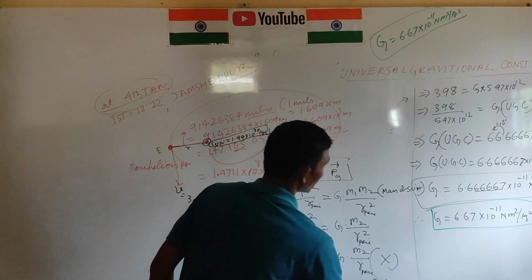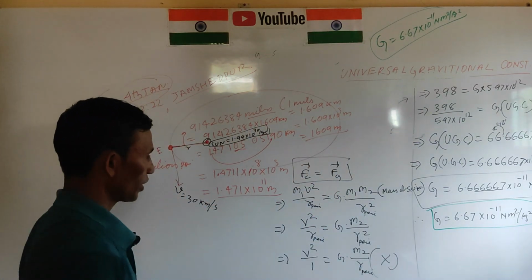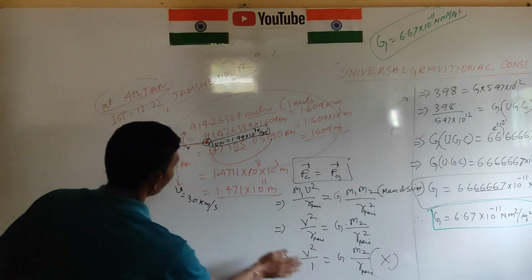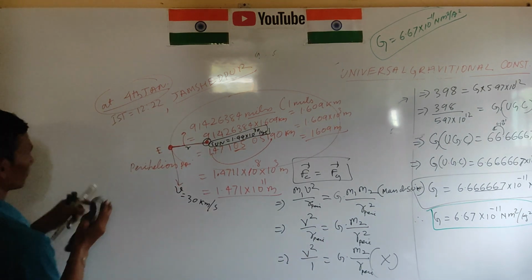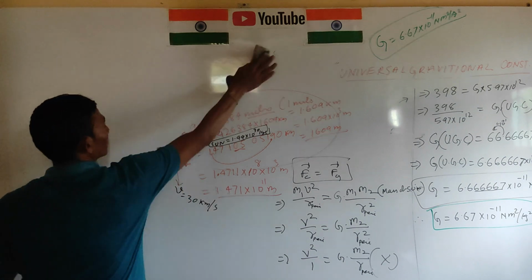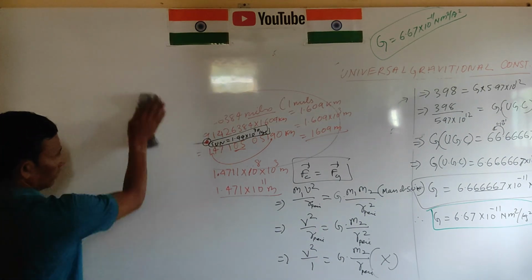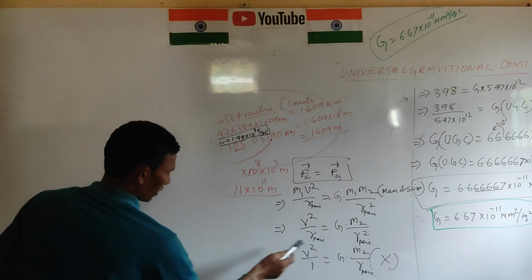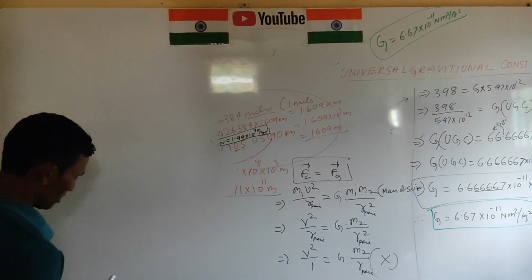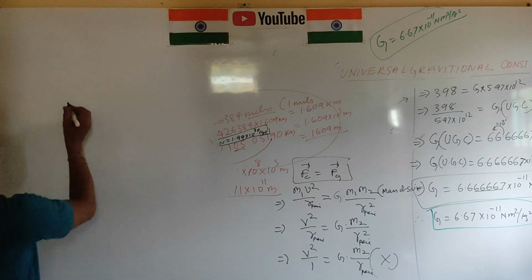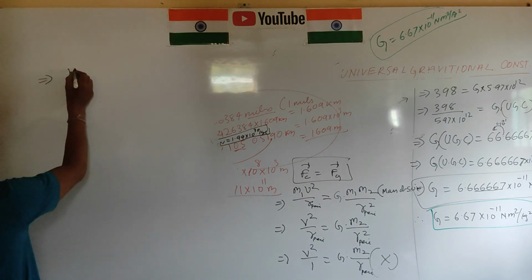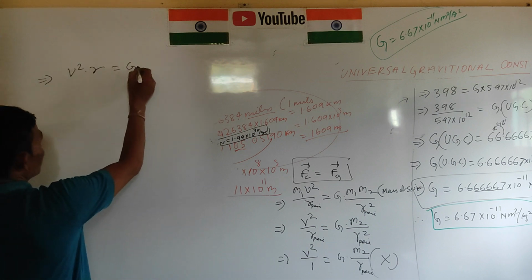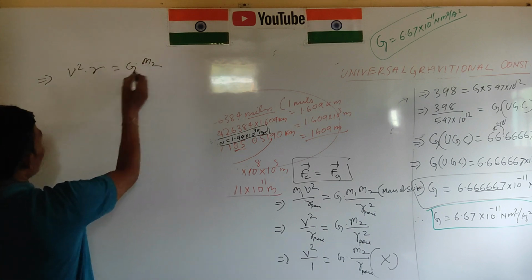Cross by multiplication. After cross by multiplication, we write here, v square into r equal to G into m2.